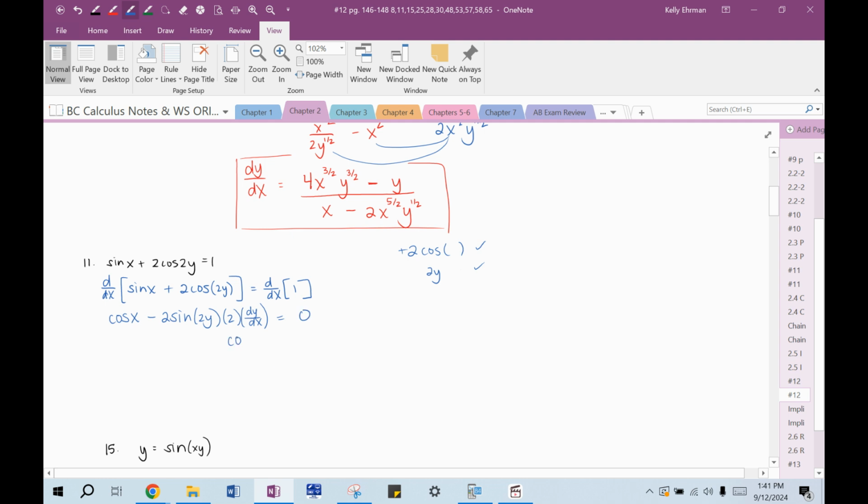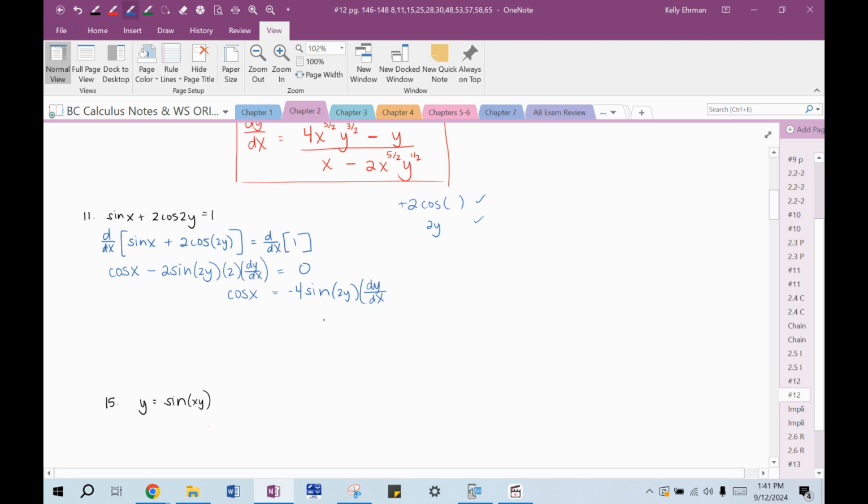Okay, so solving this, I am going to add my dy dx term to the right so I don't have negatives. Again, that part does not matter. It's just personal preference. I also realized that I have a 2 and a 2, so I'm going to make it minus 4 sine of 2y dy dx.